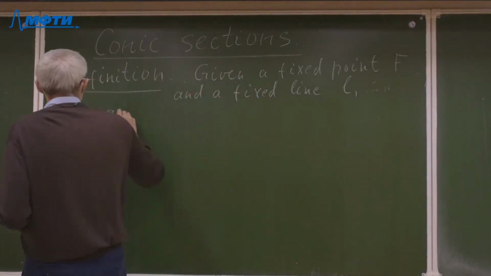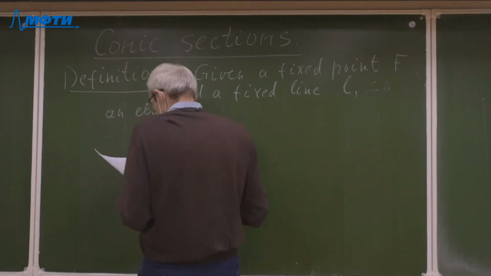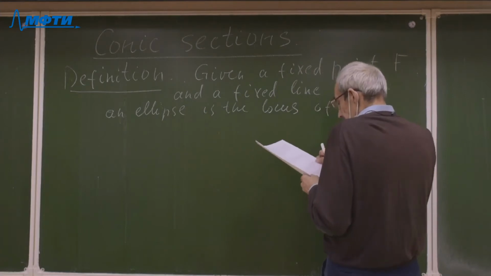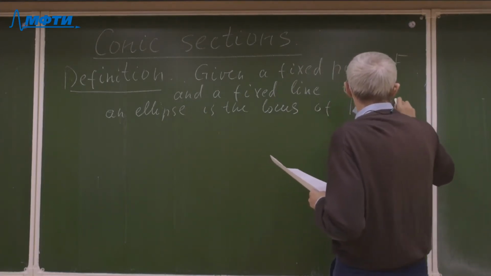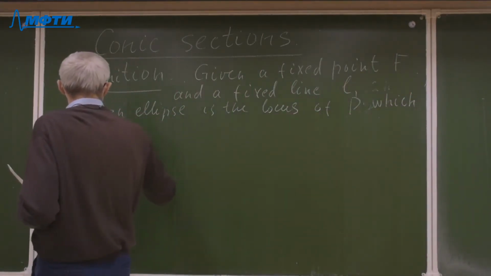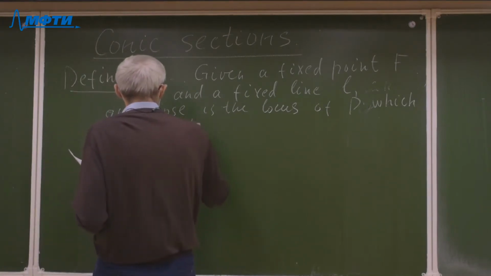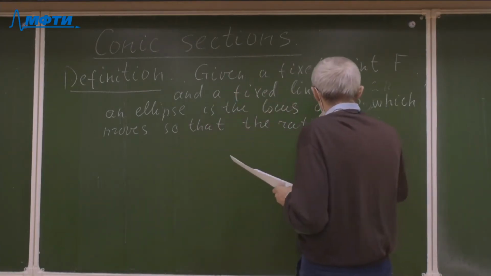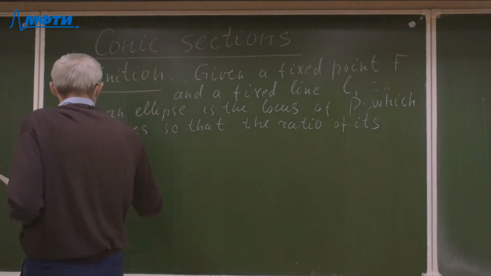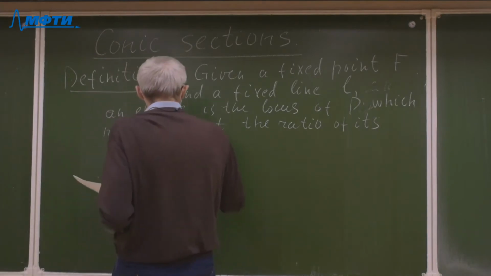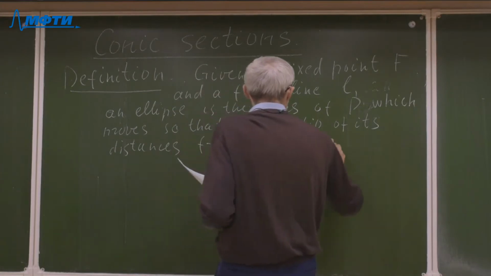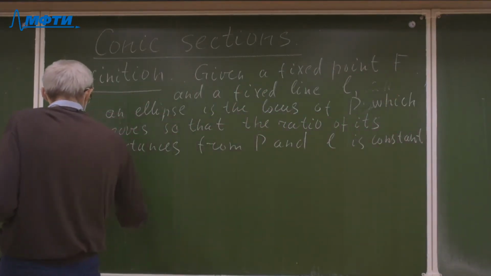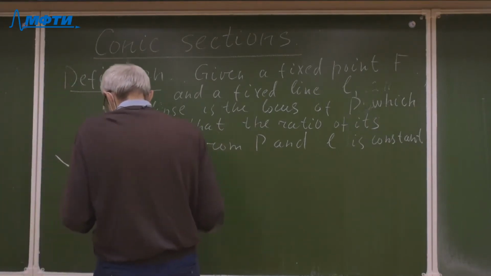An ellipse is the locus of the point P which moves so that the ratio of its distances from P and the line is constant, less than 1.